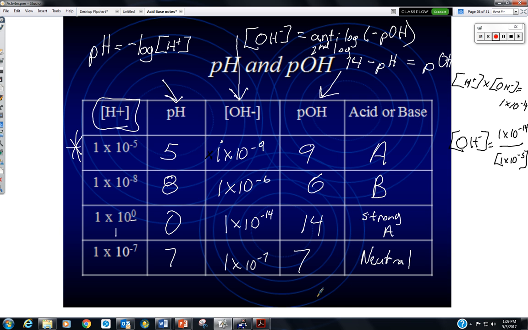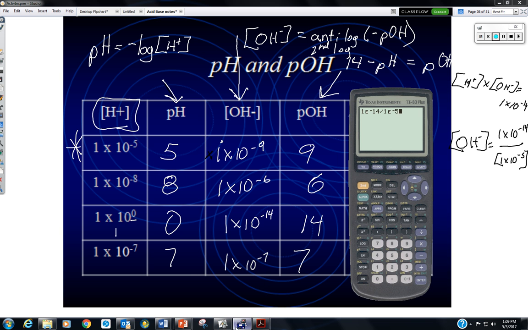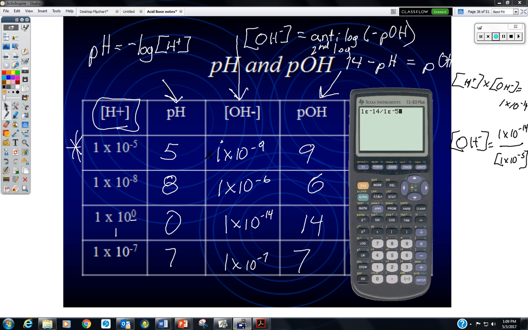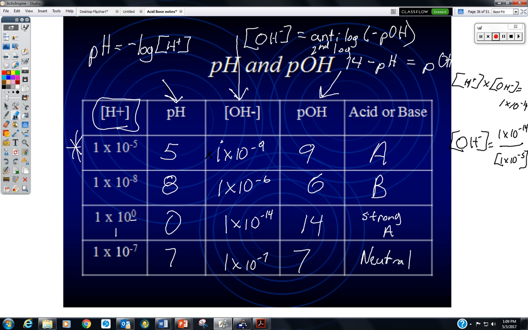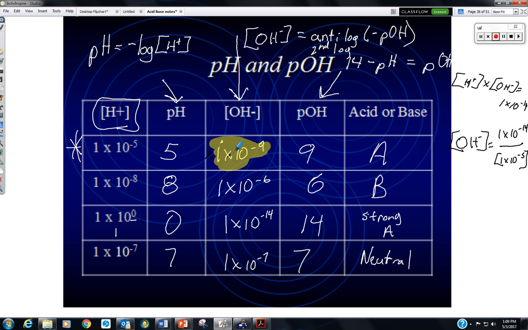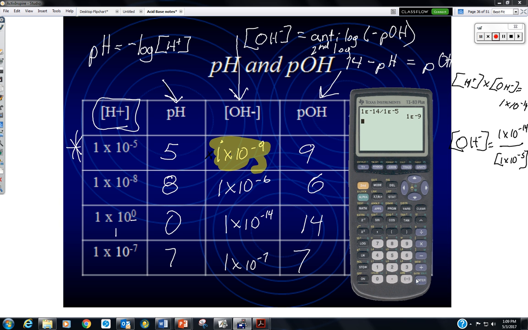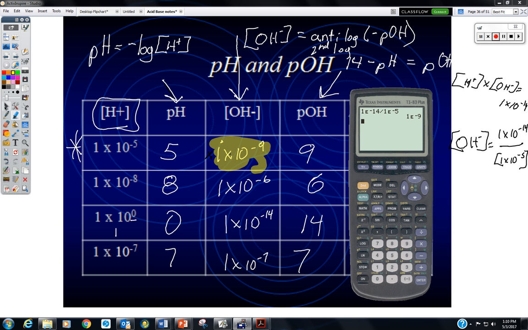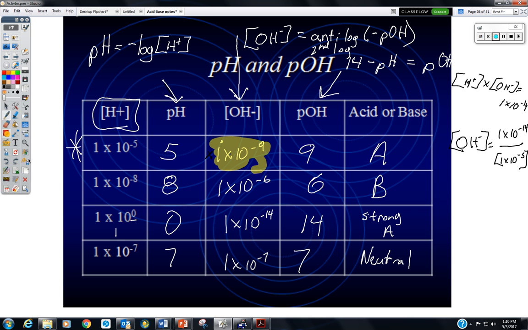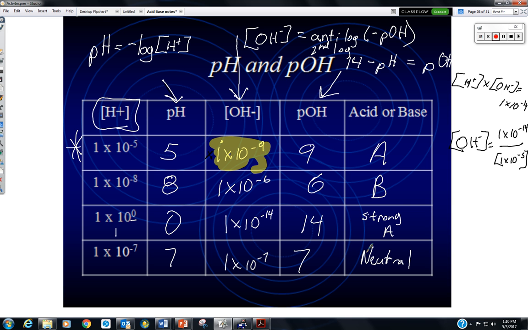Should be 1 times 10 to the negative 9. We should be getting this same answer whenever I do my calculation. So let's see. 1 times 10 to the negative 9. So there are multiple ways to get to the same point. Just need you to understand that. And I use these numbers because they are simple calculations that we actually didn't even need the calculator to do. Just wanted you to see it as proof of point.